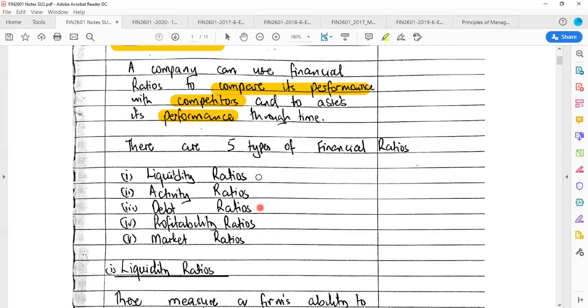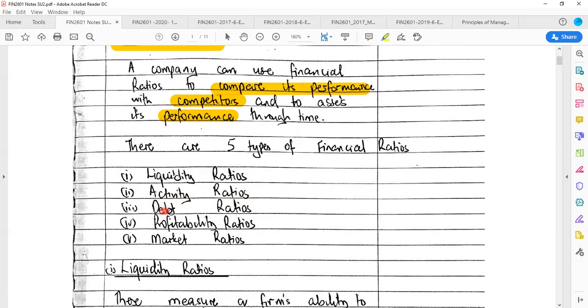So in the exam, you should know which ratios fall under liquidity ratios. Under liquidity ratios, there are certain types of ratios we have. And for the exam, you should know which ratios fall under activity ratios.